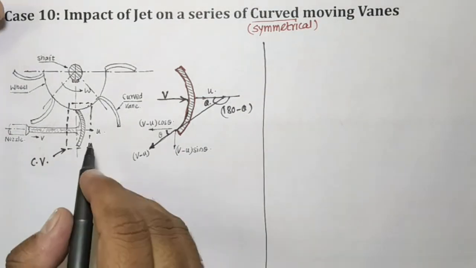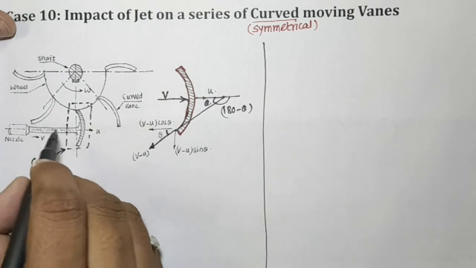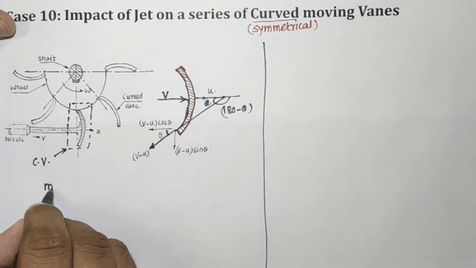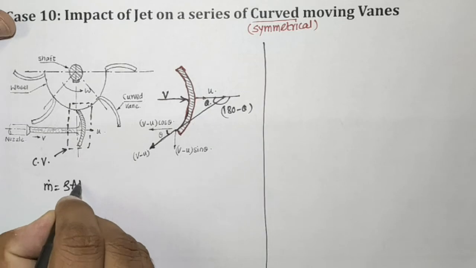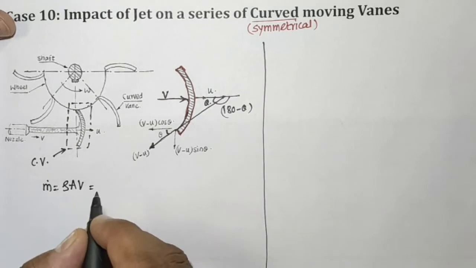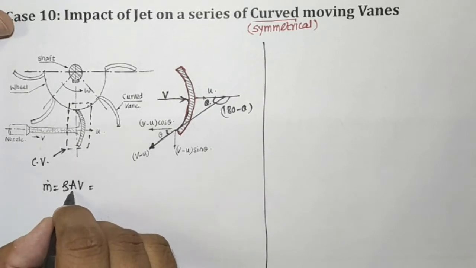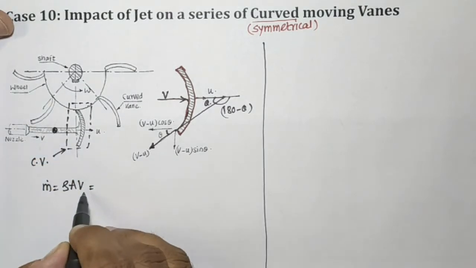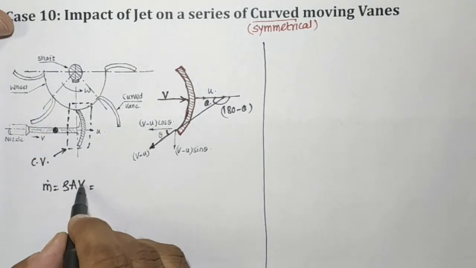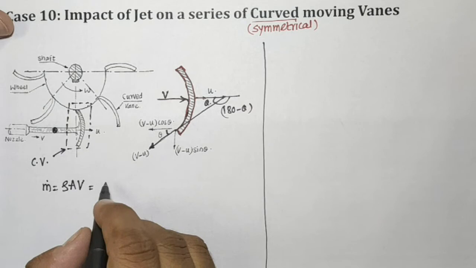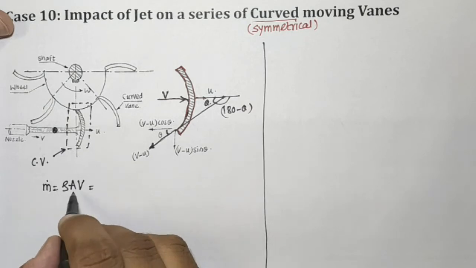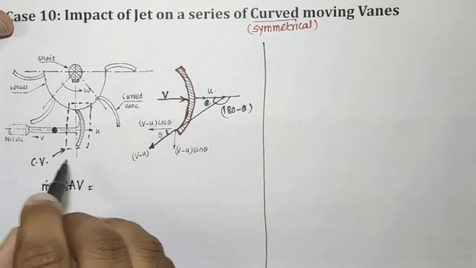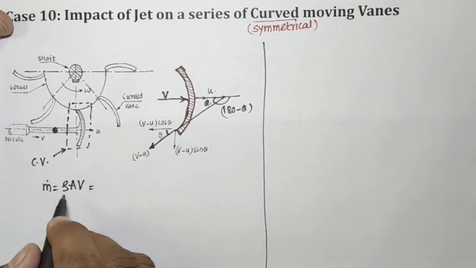The mass entering this control volume is the mass flow rate of water, given by rho AV, where rho is density, A is the cross-sectional area of the jet, and V is the velocity of the jet. This gives the mass flow rate in kg per second entering the vane.